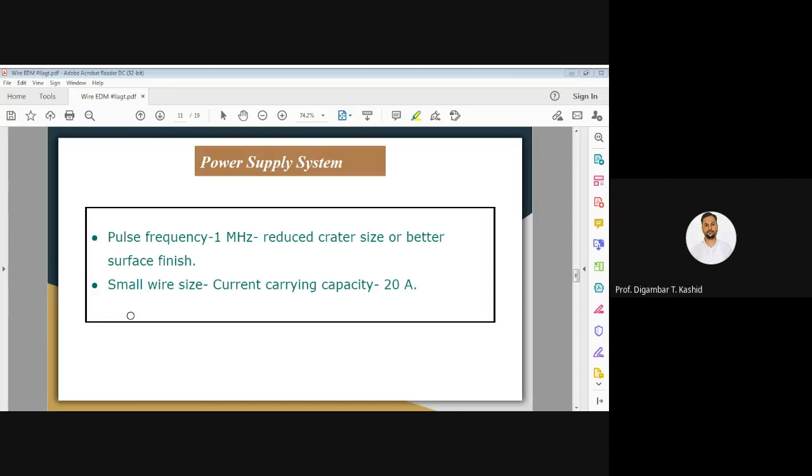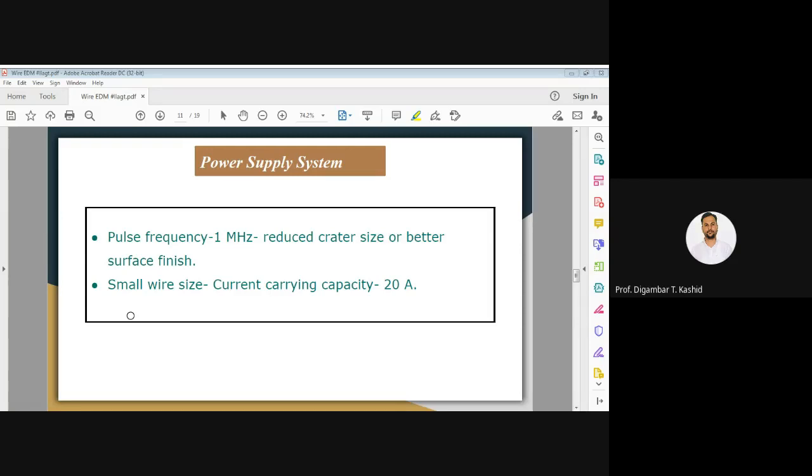You cannot go beyond 20 amperes, because we are using very small diameter wire, so we cannot give more current to that wire.